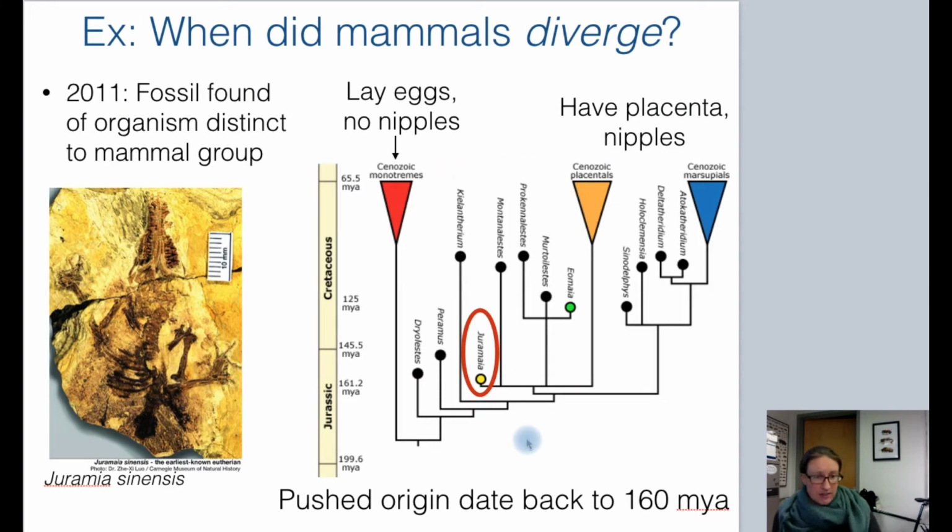And just to give you a second example of how fossils modify the phylogenies that we construct, here's an example of a fossil that was found and described in just 2011, 9 years ago. When this fossil was found and described, what biologists and paleontologists realized was this organism is distinct from all of the living organisms that we already know about.